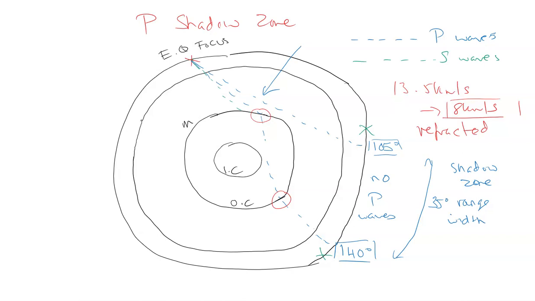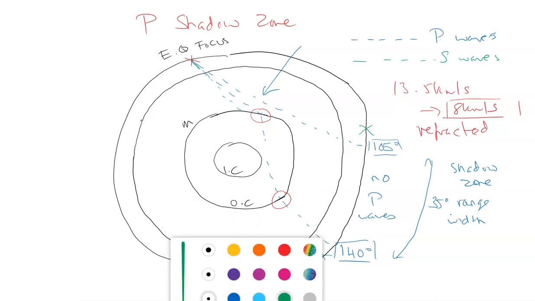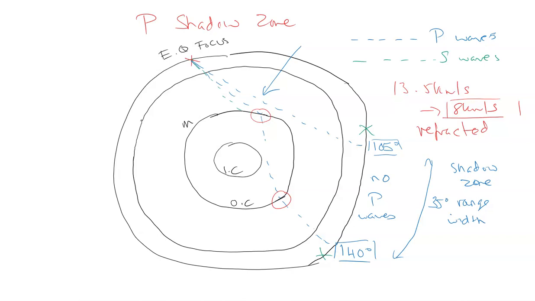So the outer core was established as liquid, and the core-mantle boundary was a very important discovery in understanding our Earth's interior as a whole. And the effects on the surface were evident. Also, the S wave, again, is stopped right here.